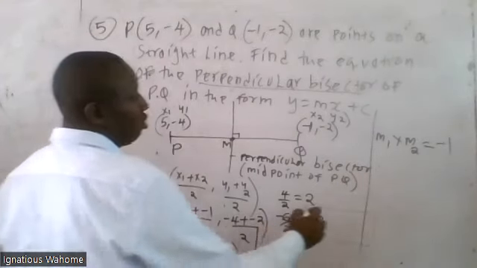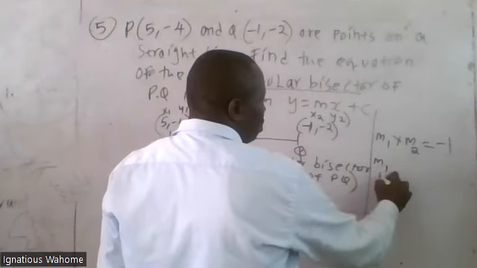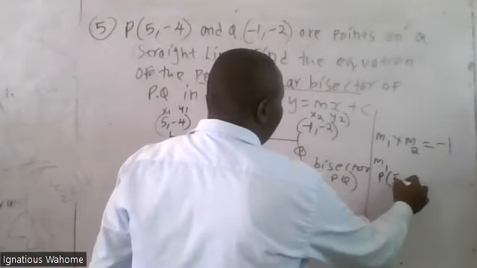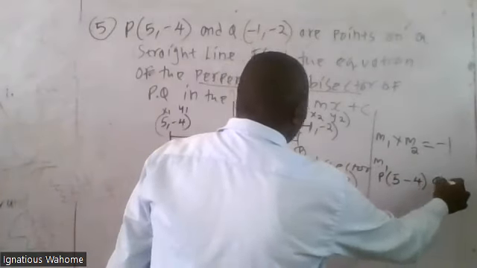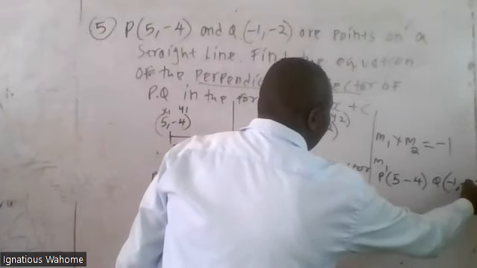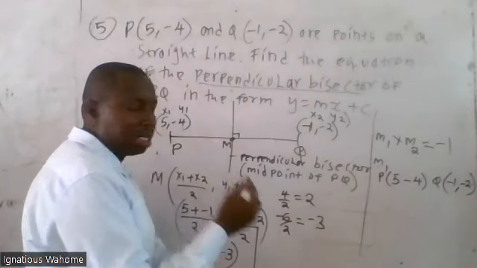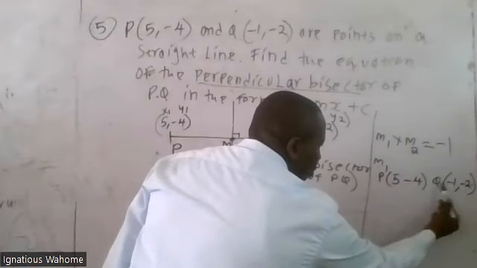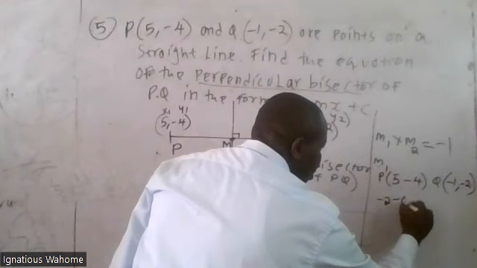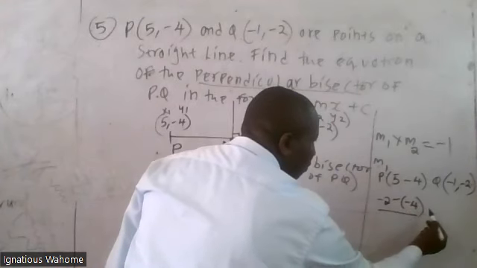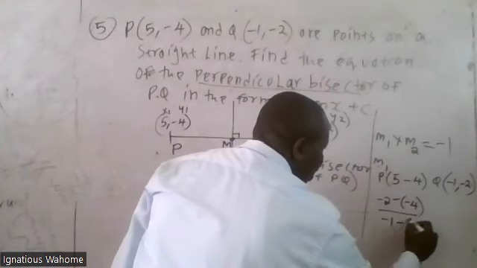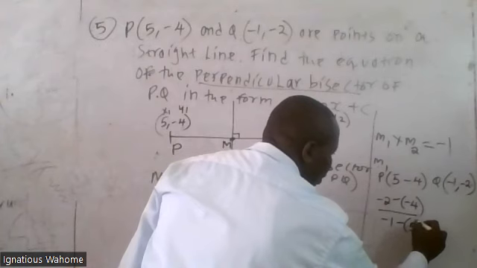So let's find the gradient of PQ, M1. Take P (5, -4) and Q (-1, -2). The gradient is (-2 minus -4) all over (-1 minus 5).